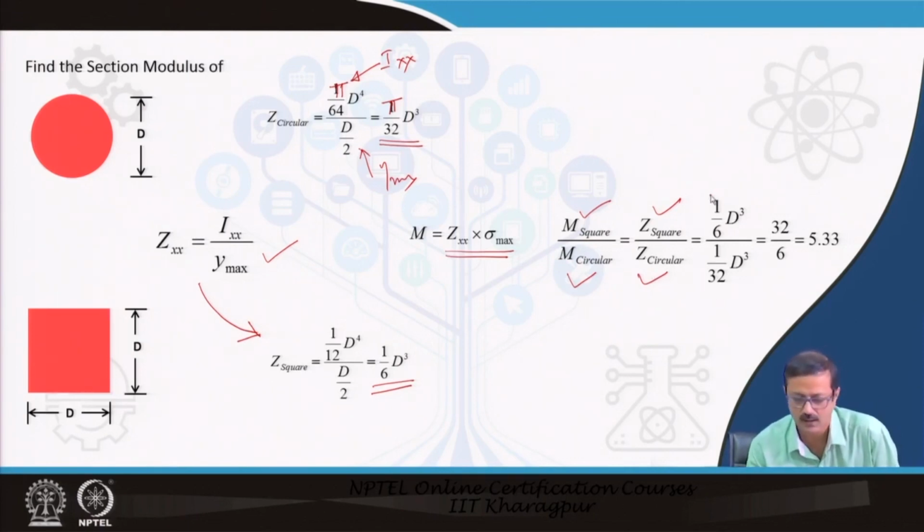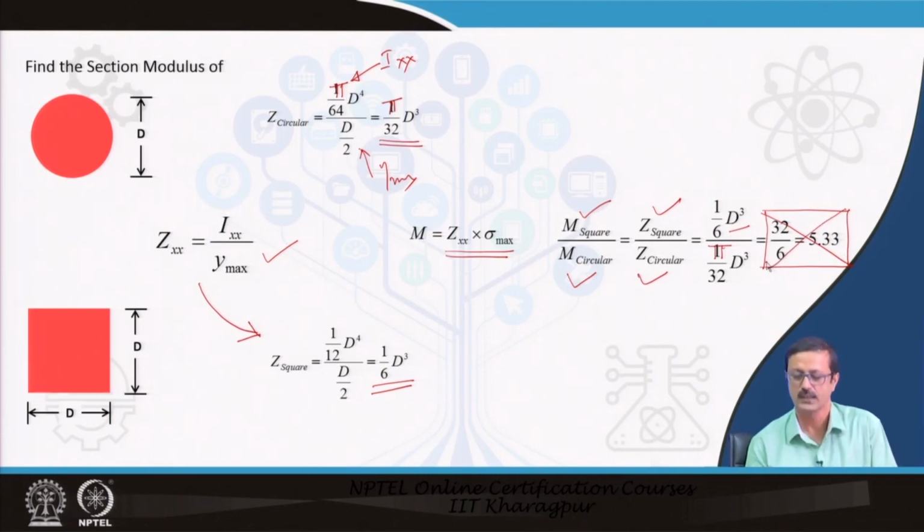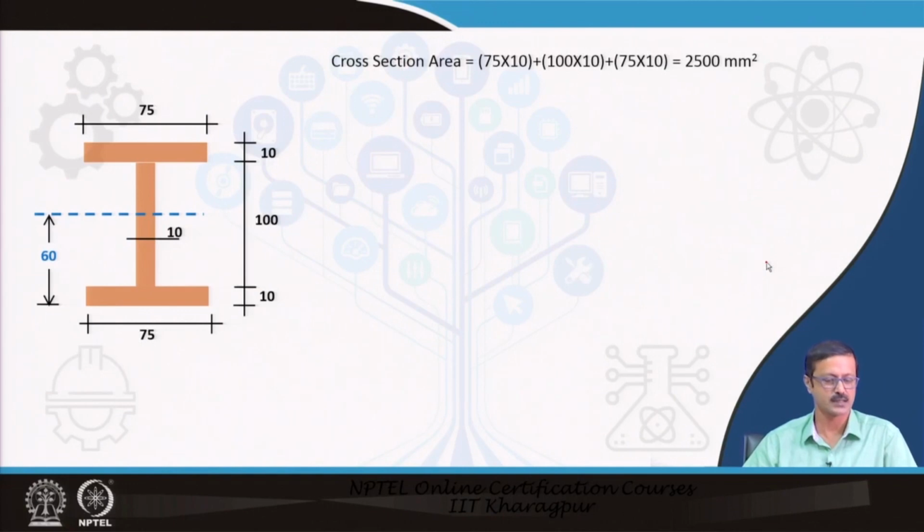So here it is 1 upon 6 d cube and pi by 32 d to the power 3, and this mistake is carried forward, so I will recalculate and tell you this value. This is not the true value. This will be the ratio of the moments for the square section and the circular section.